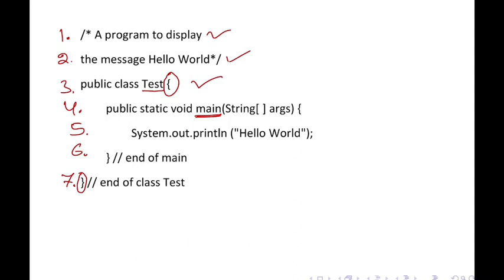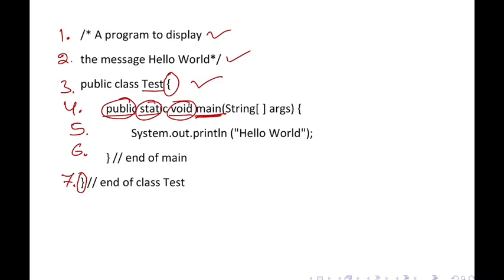All Java applications begin execution by calling the main method. The full meaning of each part of this line, like why we are using public, why we are using static, why we are using void, cannot be given now. So we will discuss that later.